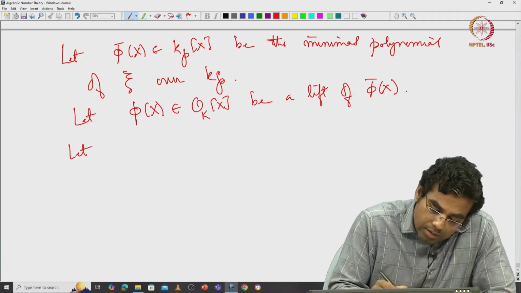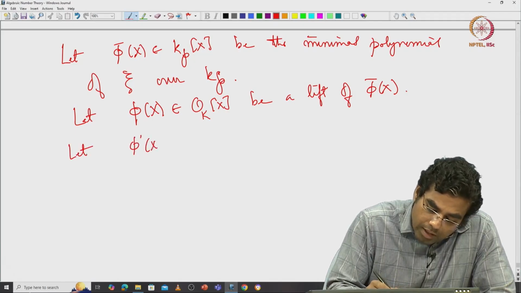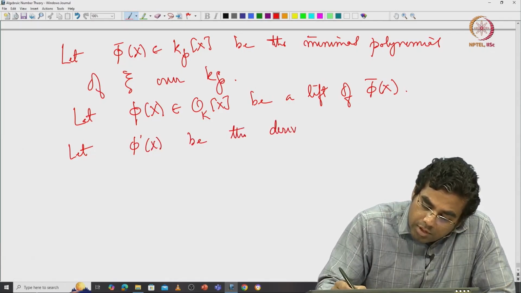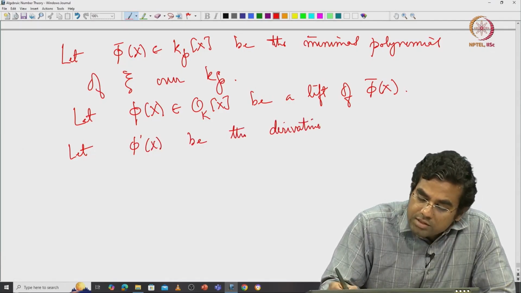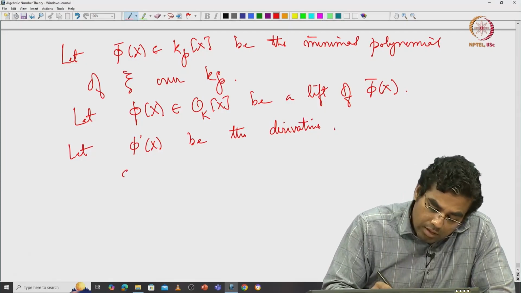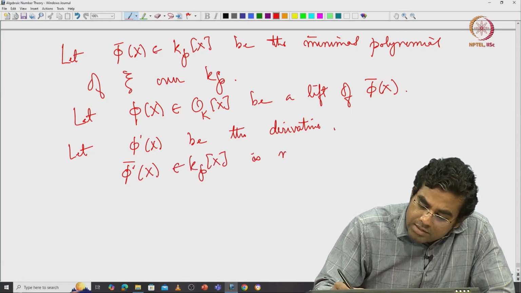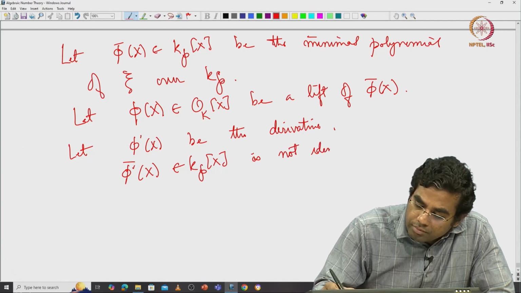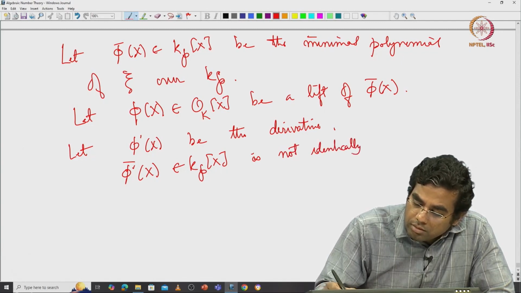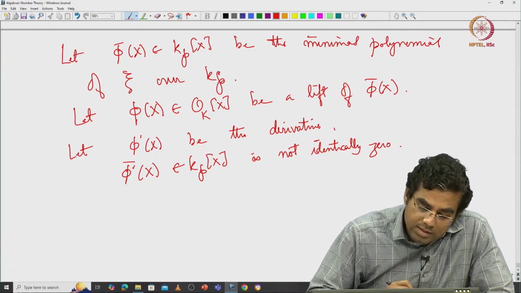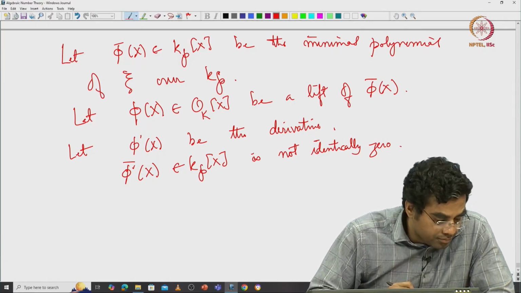Now, let us take the derivative. Derivative for a polynomial is just a formal process. Phi prime bar of x, this is in k p of x, is not identically 0, because phi bar of x is a separable polynomial.